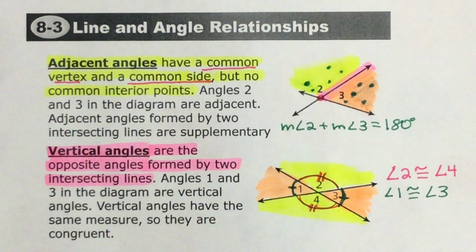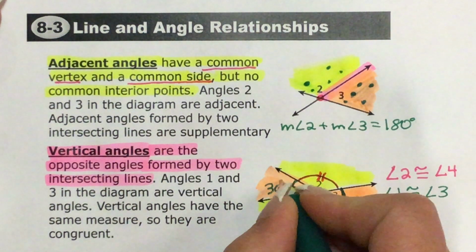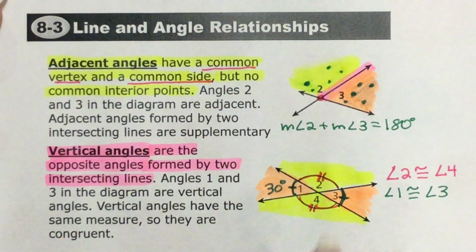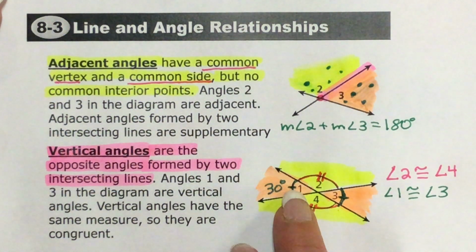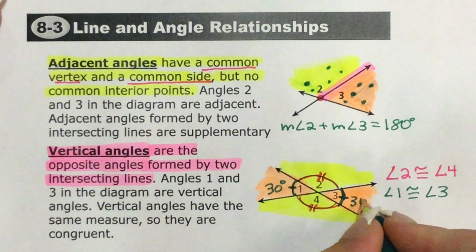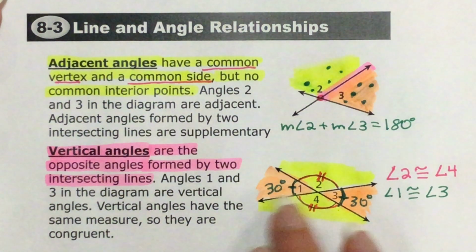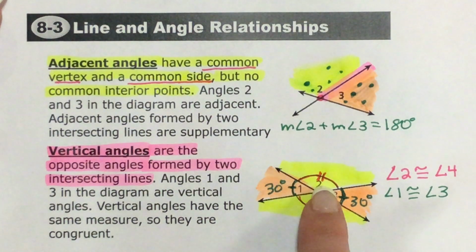So let's say, hey, this angle right here is 30 degrees. I'm just throwing something out there. If angle 1 is 30 degrees, guess what angle 3 is? It's equal to 30 degrees too, because they're congruent. They are the same. Okay? And we know that these are supplementary, right? There's intersecting lines. That means 1 and 2 are supplementary.